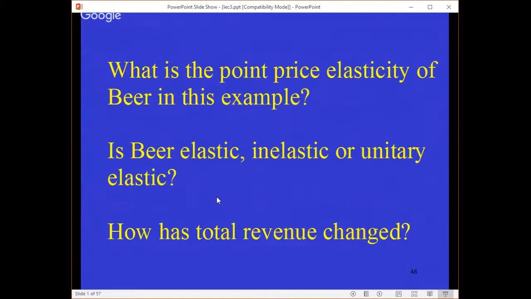The answer is yes, and the way to calculate that is 8,000 times 450, compared to 7,600 times 495. This is a big number. So revenue increased. Did somebody do the calculations? 7,220 versus 4,000. Okay, so it increased a lot.